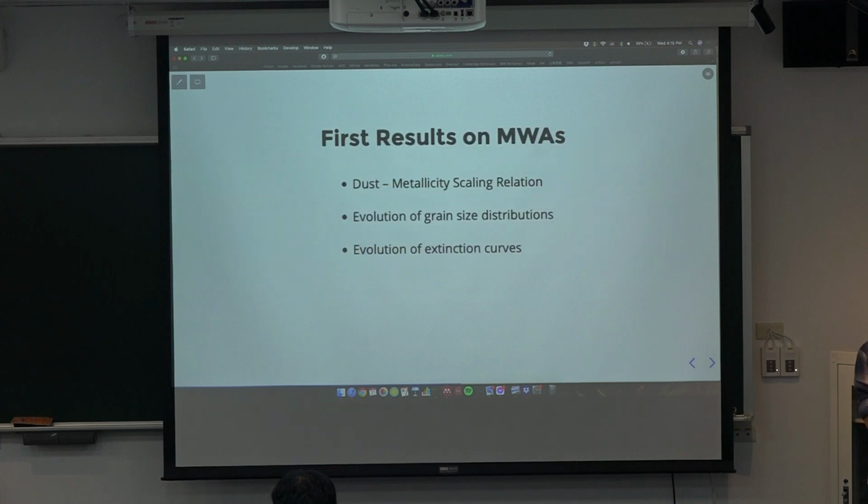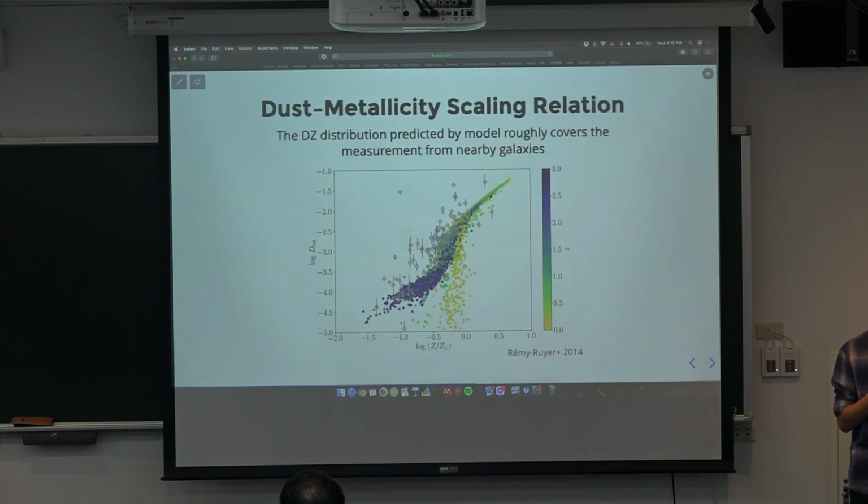Okay. So here I'm going to present my results. First, I will validate our model with the nearby galaxies' dust-to-metallicity scaling relation, and then I will show you the evolution of the grain size distribution and the extinction curve. So first is the validation. On this plot, the colored dots are our calculation results, and the gray dots here are the measurements from some nearby galaxies.